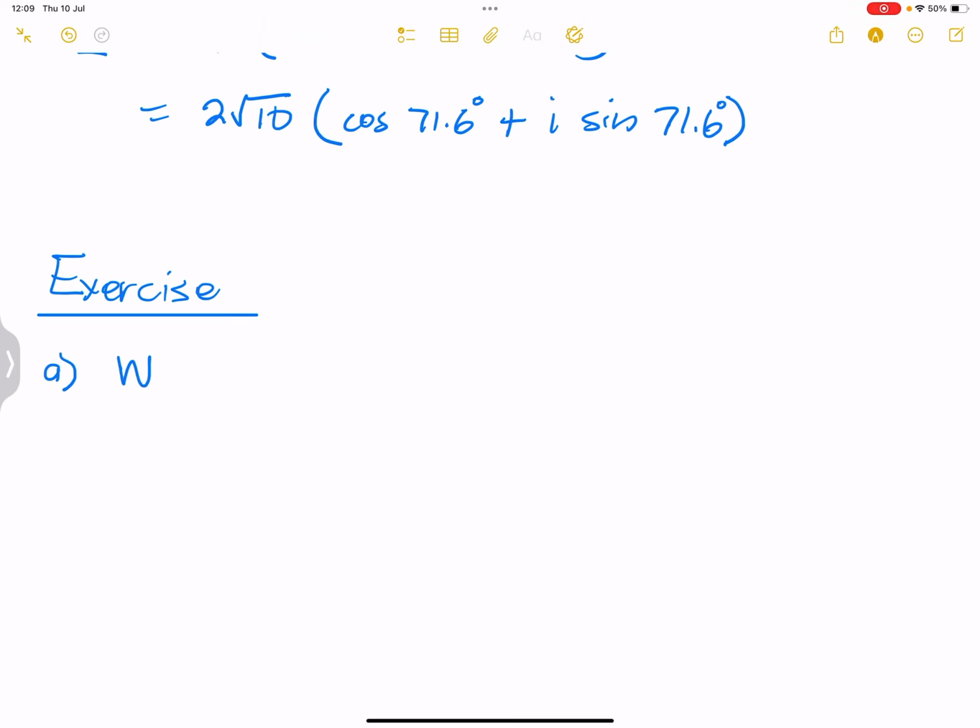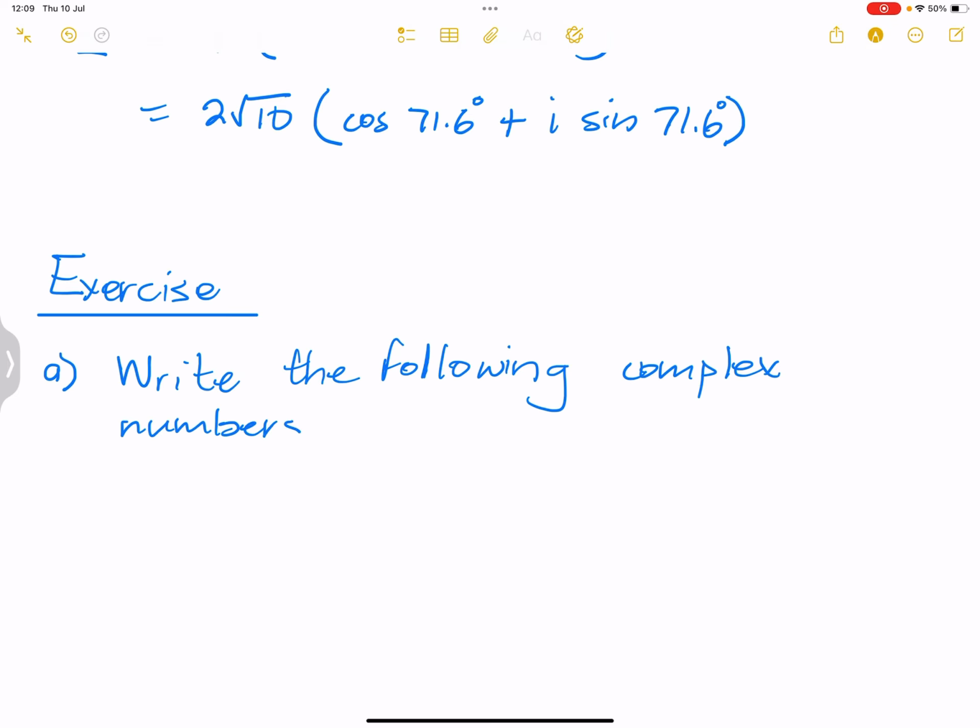So I want you to write the following complex numbers in rectangular form.